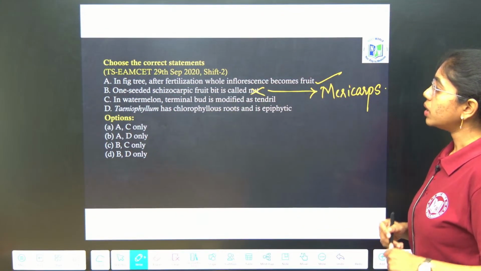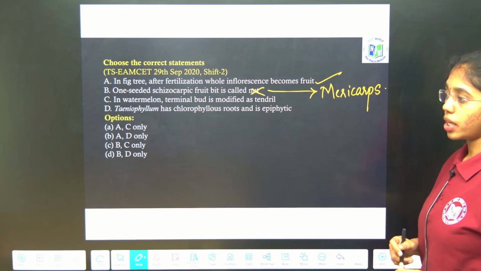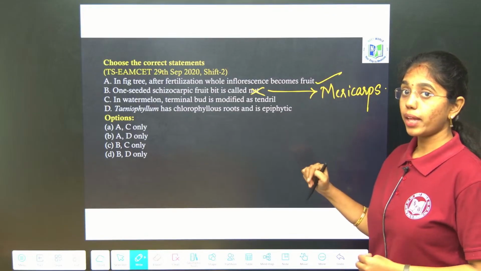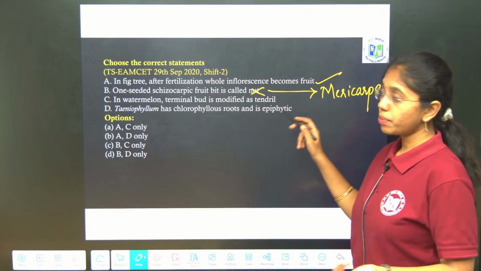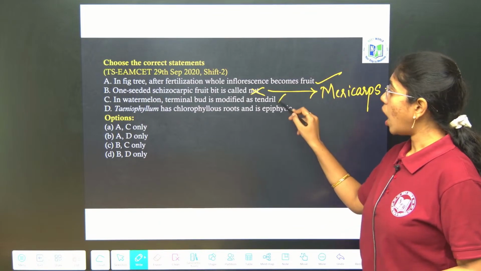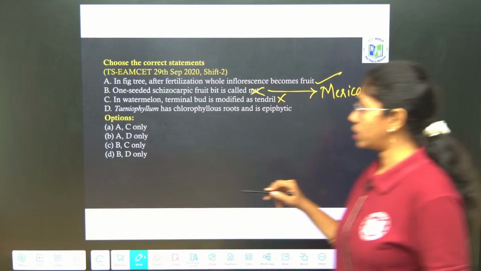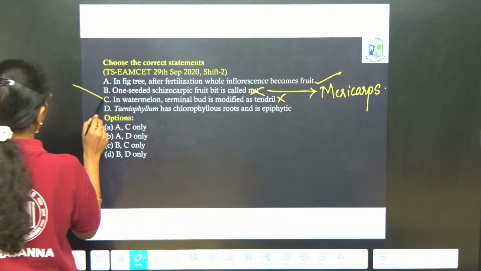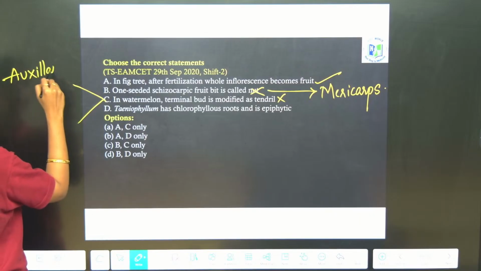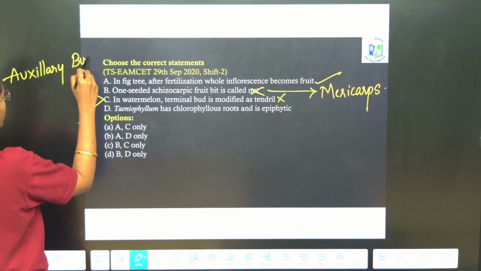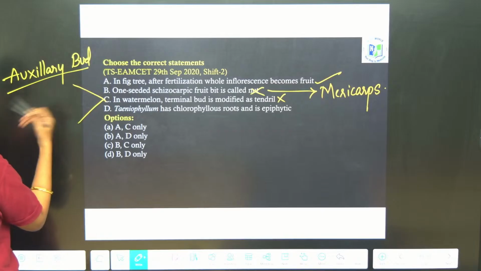In watermelon, terminal bud is modified as tendril. This is the second PYQ that we are solving on the stem tendril type of modification. In stem tendril type of modification, axillary bud is turned to tendril.